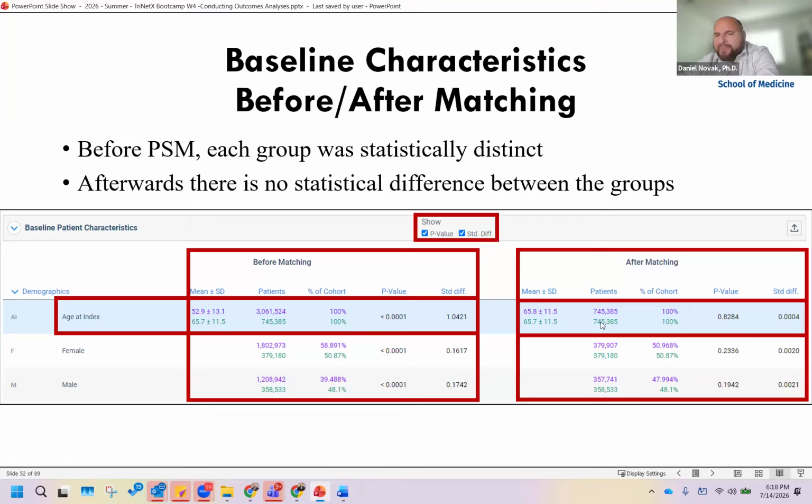No one group is that much older than the other group, and our difference is much below our 0.1 threshold that we want to have for standard differences, down at 0.0004. That's good. So this means that the confounding factors associated with age may have been controlled for in our study. That's good news.